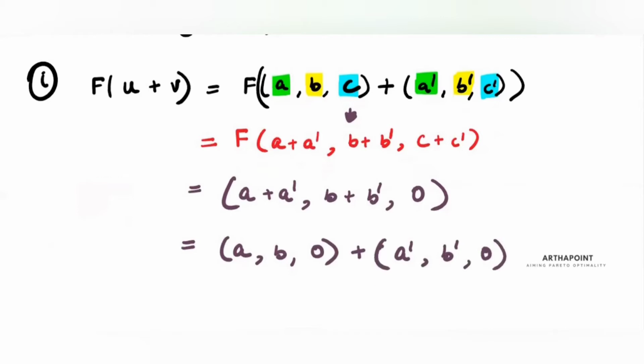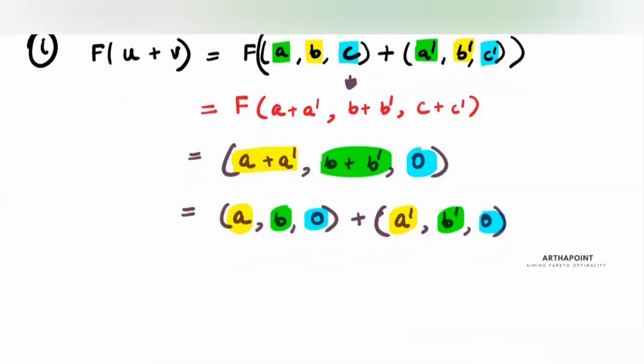Because if you add this component to this component, you will get this, and the same for the others. So can I rewrite it as this? And can I say that this is nothing but the function applied only on u, plus the function applied only on v?